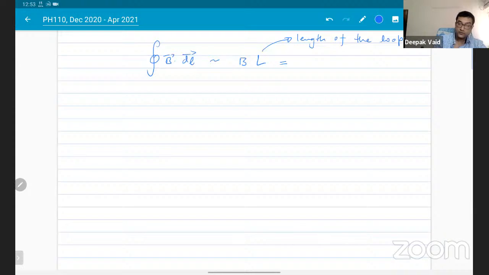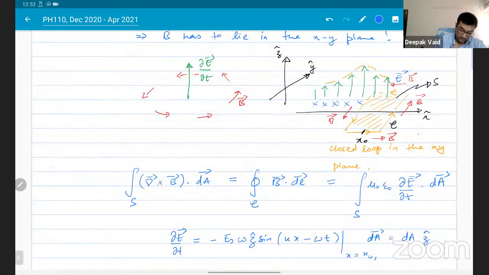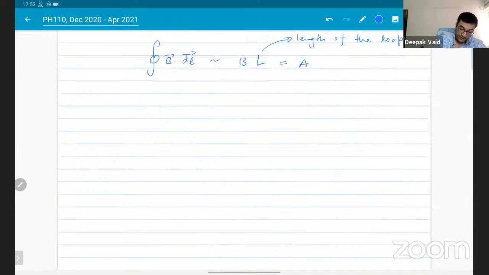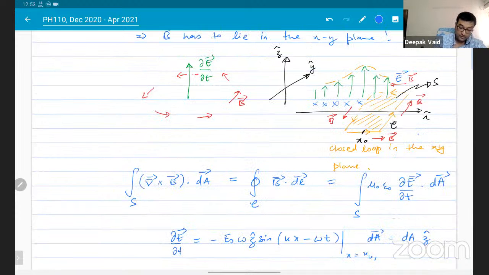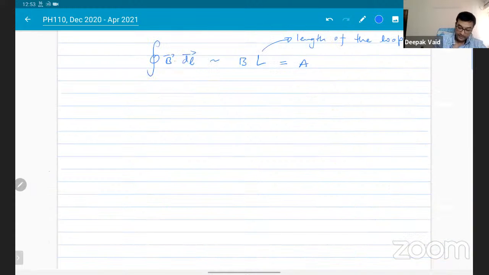And this is equal to the area of the loop, right? When I integrate this, I will get dA, I will get the area times epsilon E naught times cosine times sine of kx naught minus omega t.